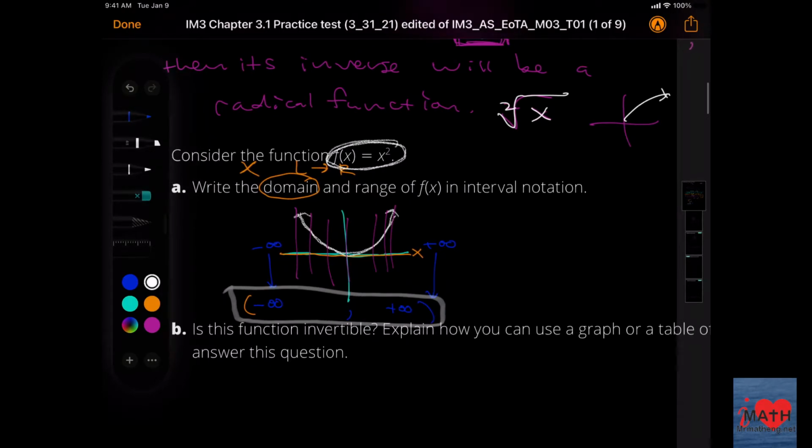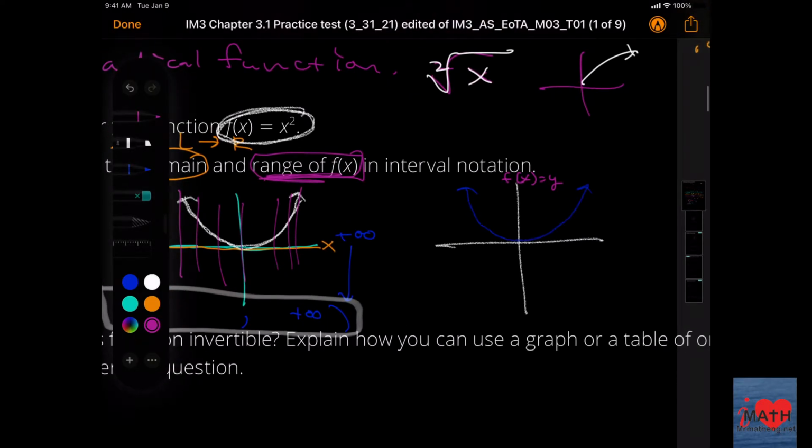Okay, what is the range? Let's draw another graph of the parabola. Now the range, let's do pink. The range of f of x refers to essentially the y-axis. And I like to have a phrase: bottom to top. Let me show it to you.